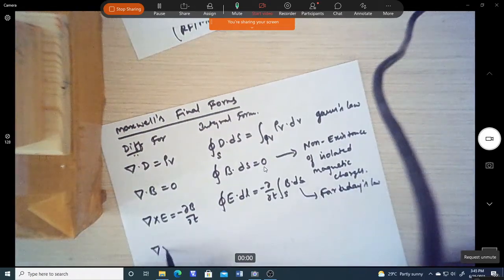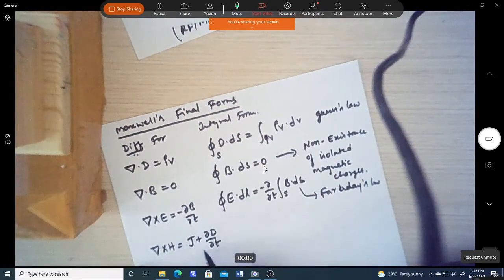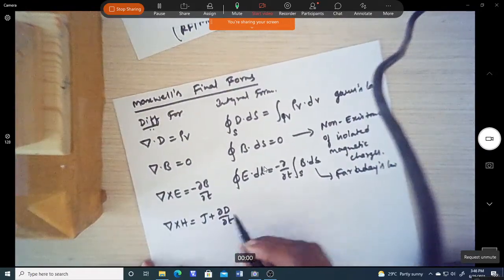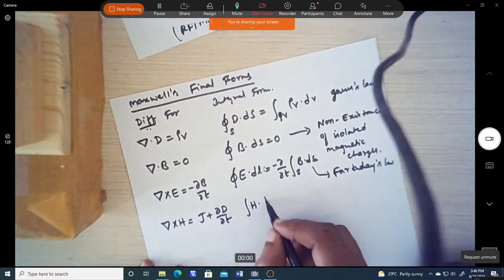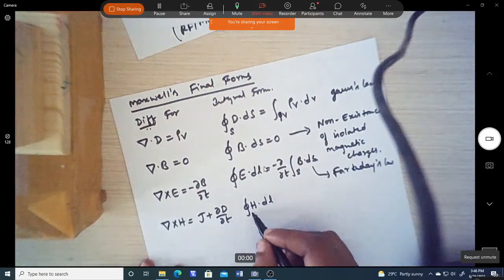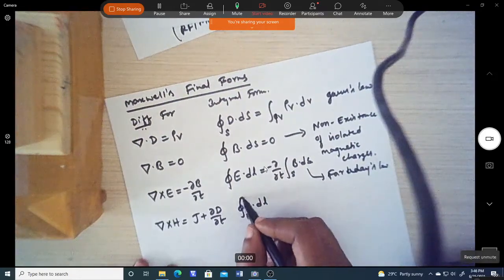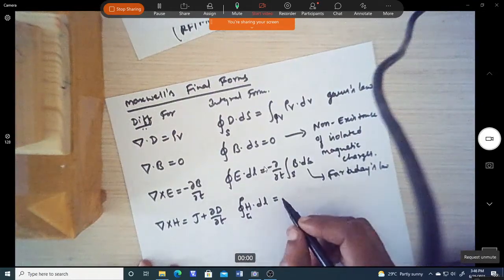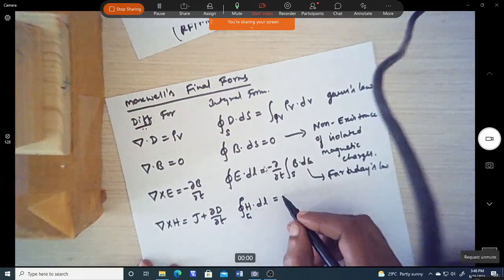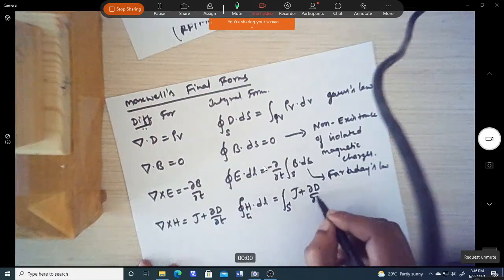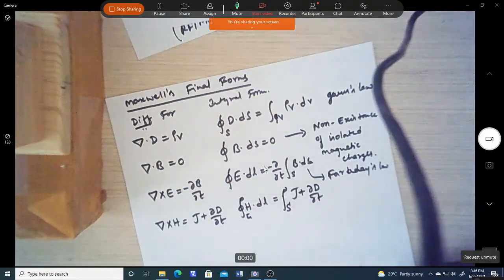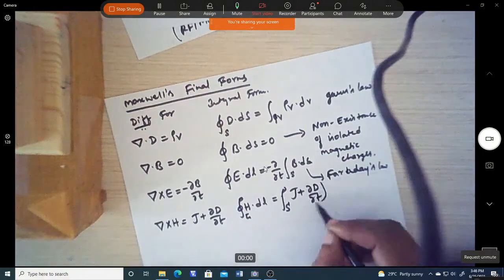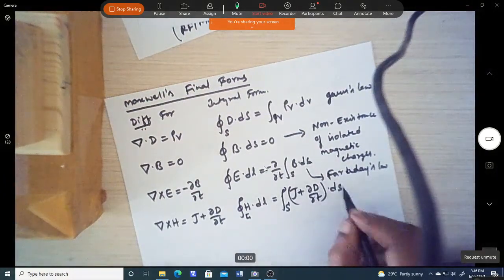And your final equation is del cross H, which is equal to J plus del D by del t. This is the contribution of Maxwell's displacement current. The integral form is the integral of H dot dl, which is equal to the surface integral of J plus del D by del t, into the differential surface area.